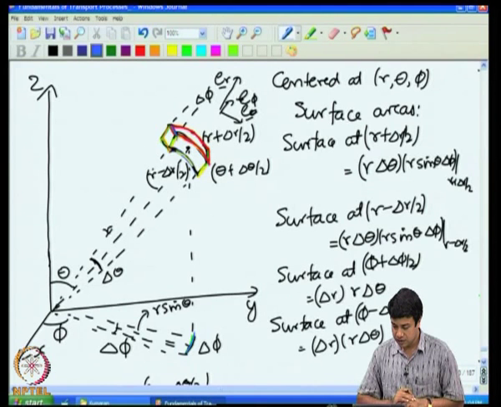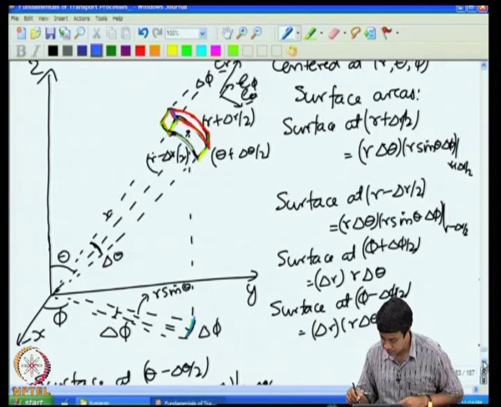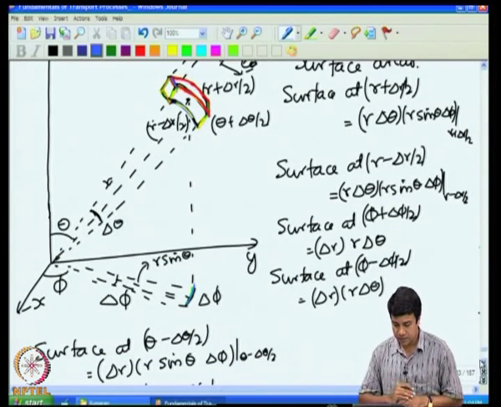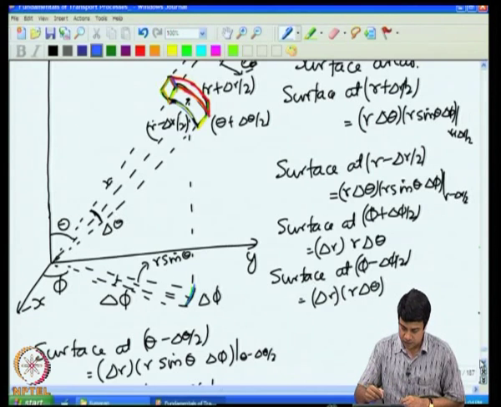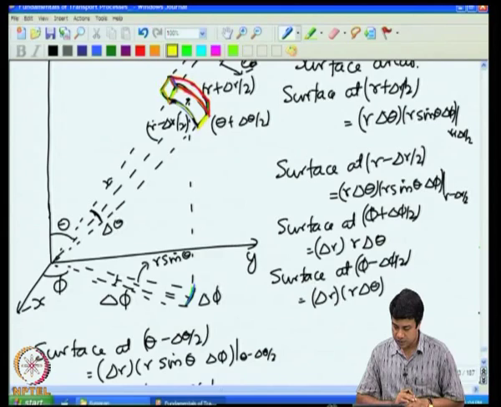Similarly, for the surfaces at phi plus delta phi by 2 and phi minus delta phi by 2, which are the front and the back surfaces, one side here, shown by the yellow, is delta r. The other one is r times delta theta.